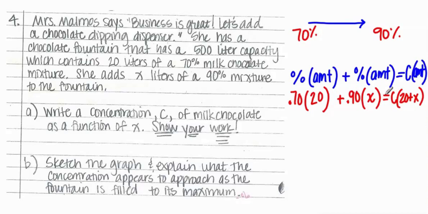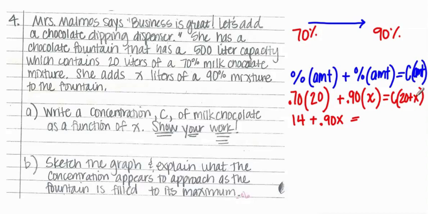Now, if I want to solve for x, I have two variables here. I actually don't want to solve for x, I want to solve for C. But if I want to solve for C, there's two variables. There's an x and there's a C. I'm going to multiply. 0.70 times 20 is 14, plus 0.90x equals, I was jumping ahead of myself here.